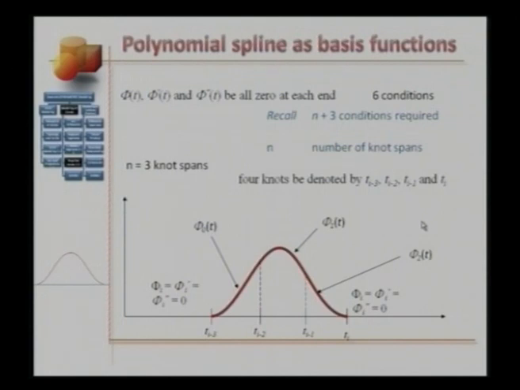Now the question is, what do you think would be a solution? You might want to take a moment. If you come up with an answer saying that the trivial solution will be phi equals 0, in other words, phi 0 is 0, phi 1 is 0, and phi 2 is 0, then I would say that you are correct.